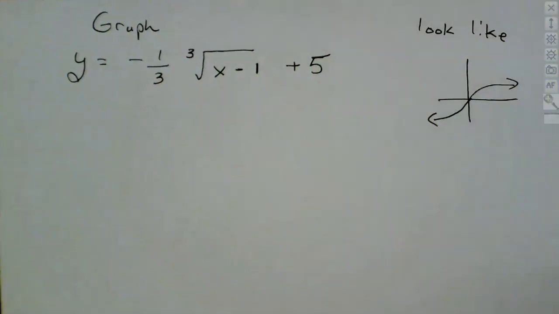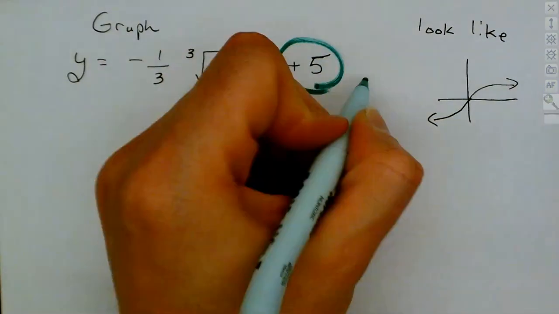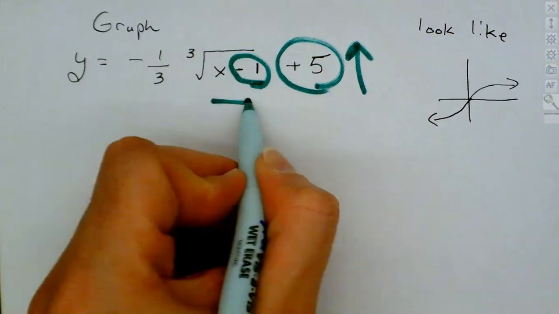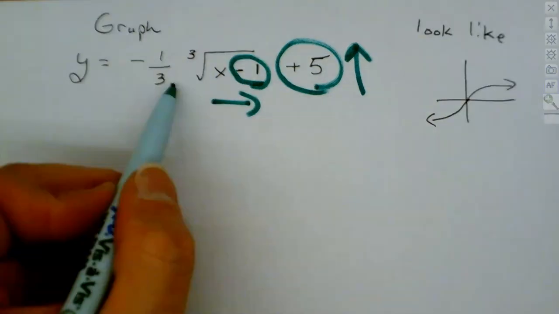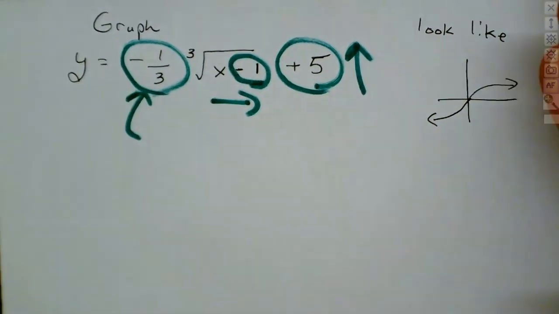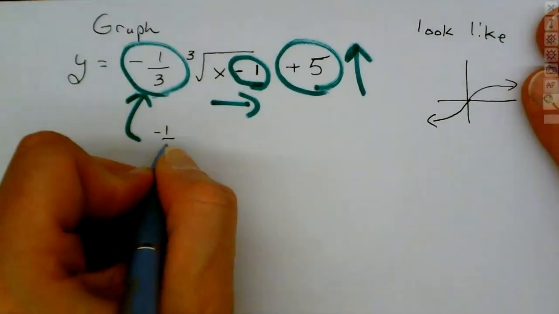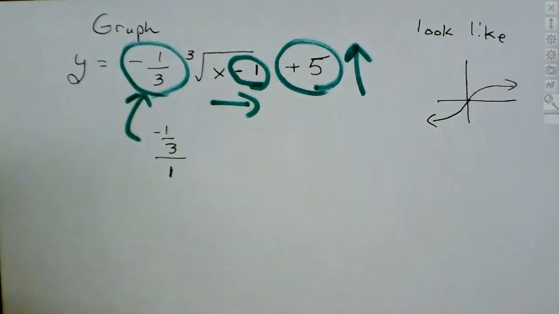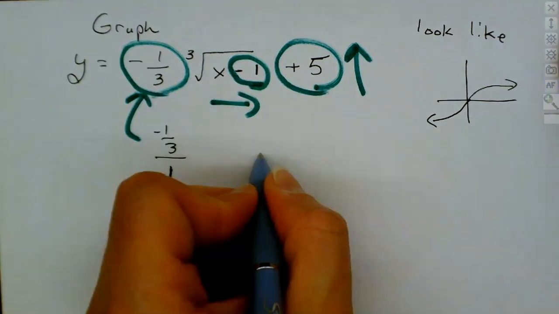And I always like to start on the end. So this 5 moves it up. This -1 moves it forward. And this 1/3 has to be written over 1. So then it's -1/3 over 1. You have to make it over 1, otherwise your graph will be distorted. So where are we going to start at?